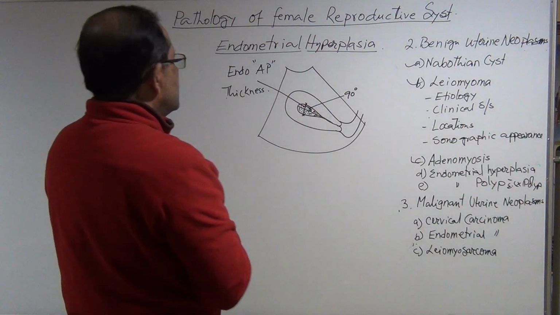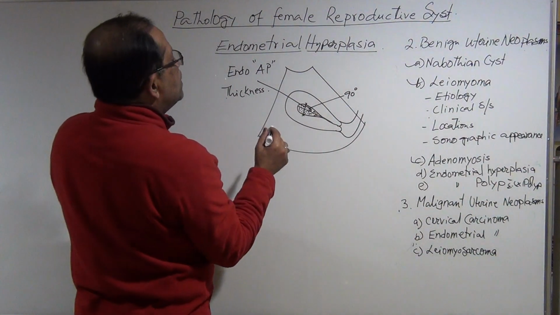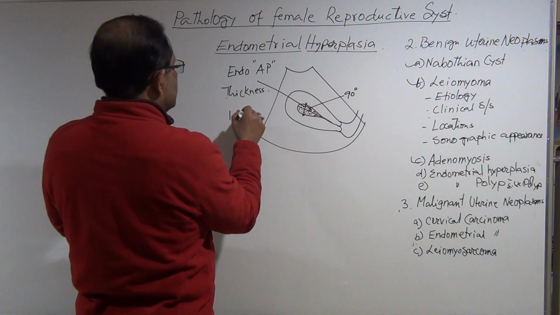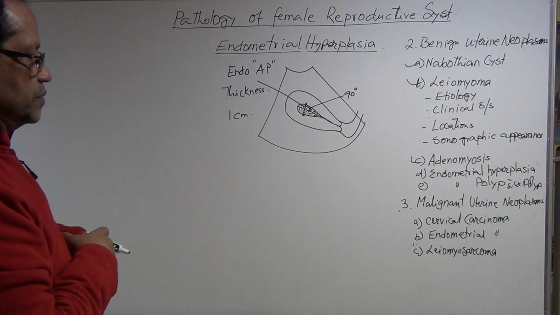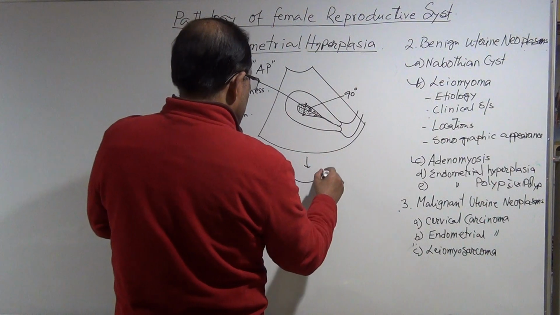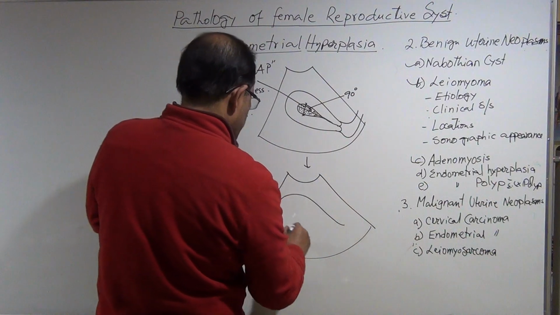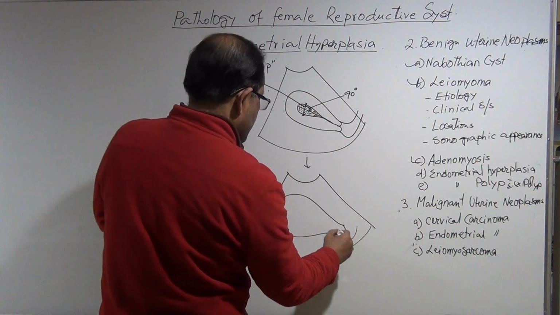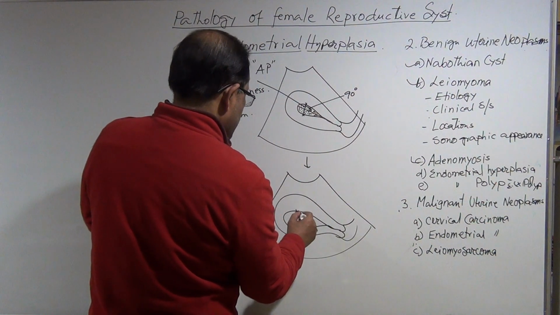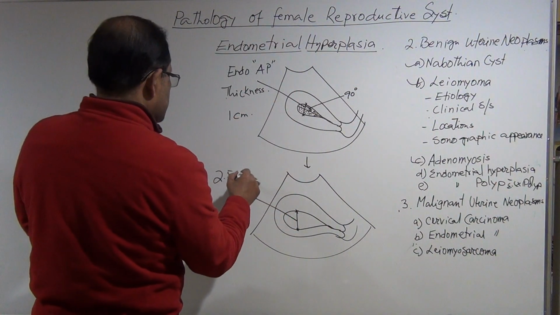Okay, so you measure the endometrial thickness and, for example, you found 1 centimeter. And in another case, you measure the endometrium from here to there and you found 2.5 centimeters.